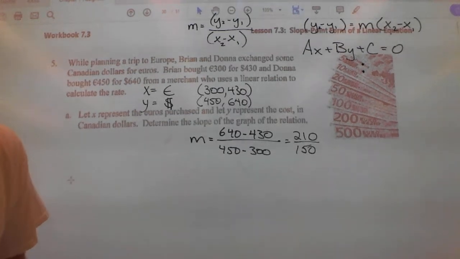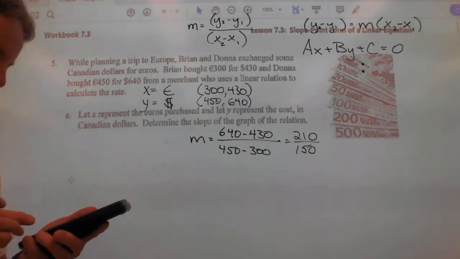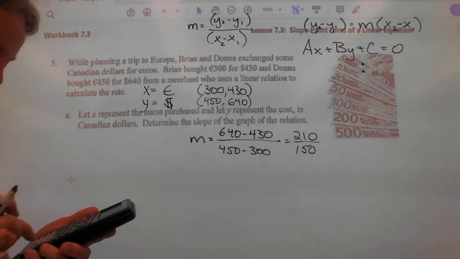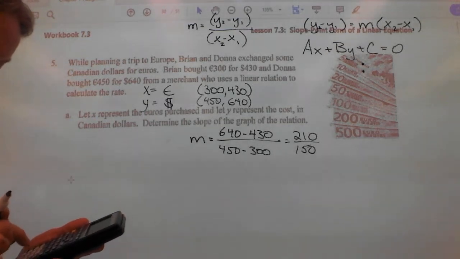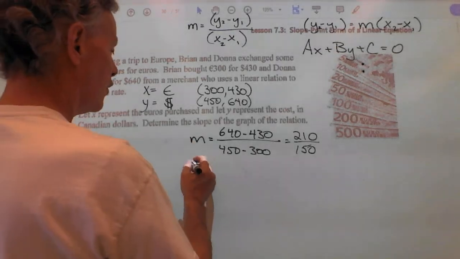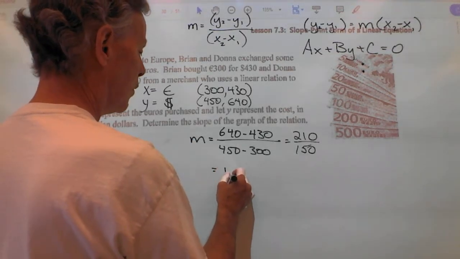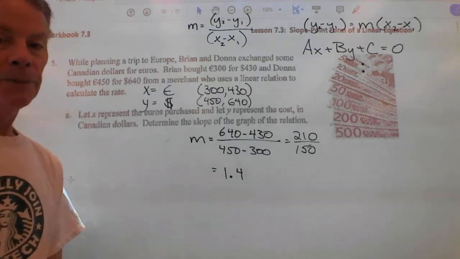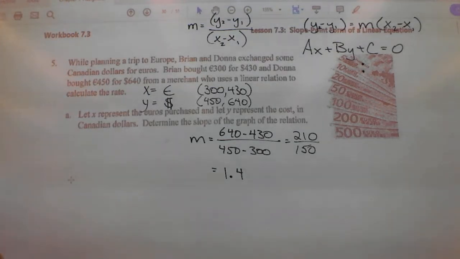Let's see if that will be a nice number or an ugly one. It's not bad. So our slope equals 1.4. Yay, we have our slope.